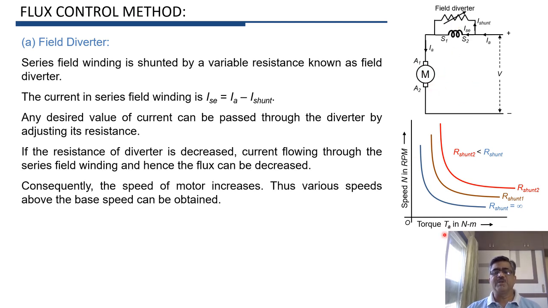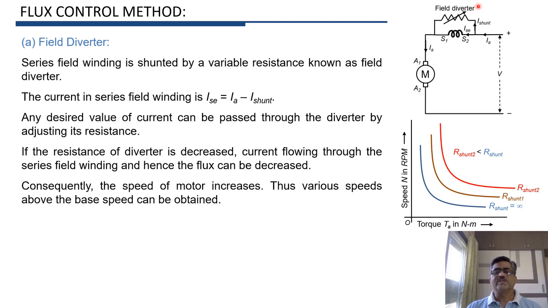So this is explained here with the help of speed torque curve. Now suppose resistance of field diverter is infinity. So this R shunt is equal to infinite, means this path is open. So I shunt will be equal to 0. So all the current IA will flow through the series field winding.